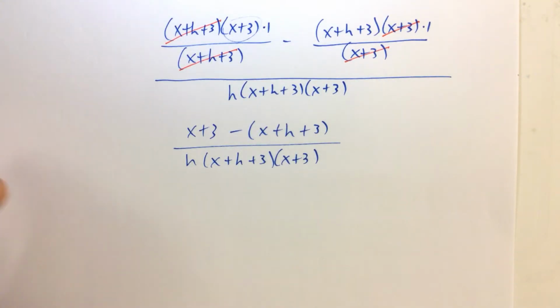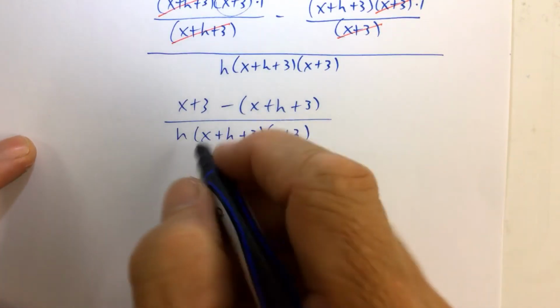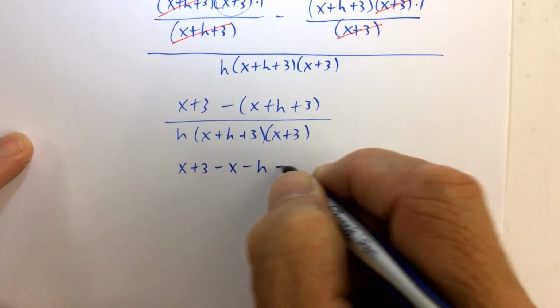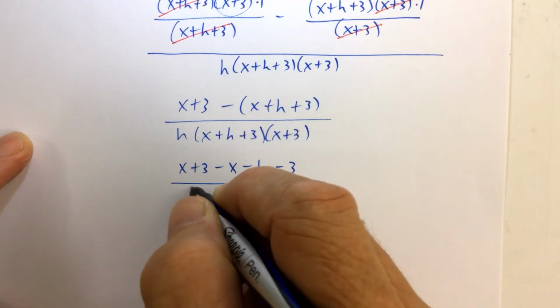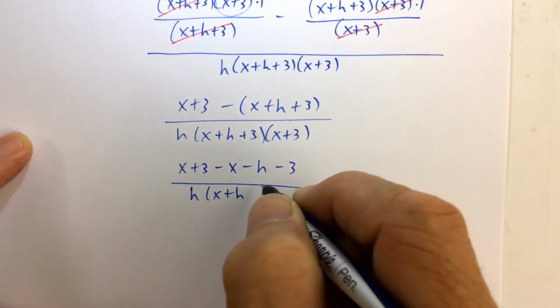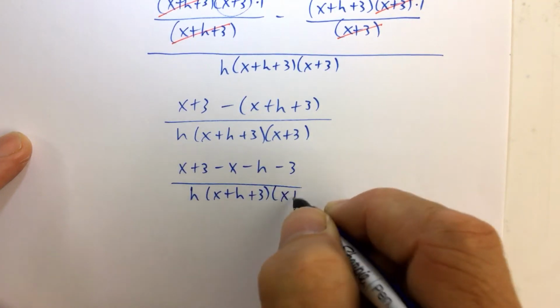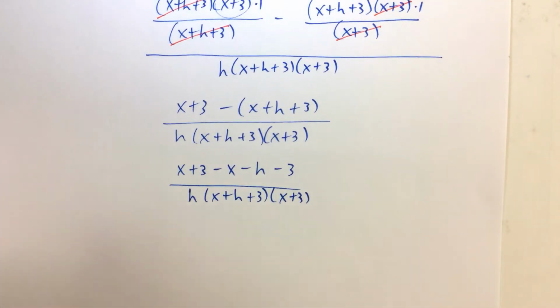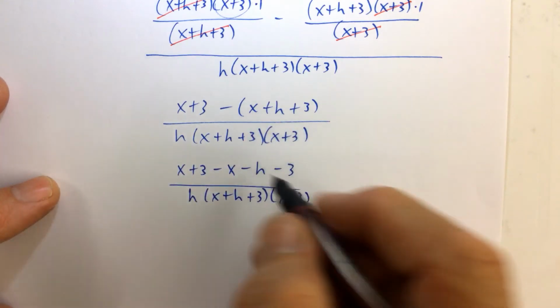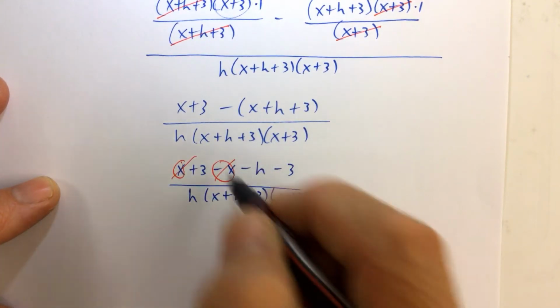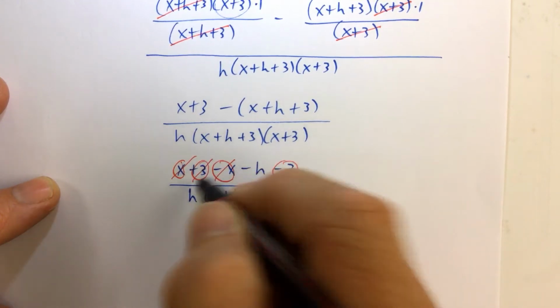If we get rid of the parentheses, we can distribute that minus sign: minus x, minus h, minus 3 up on top. We still have our h times x plus h plus 3 times x plus 3. Notice the terms that don't have an h in them: there's an x and a negative x, those cancel. There's a 3 and a negative 3, those cancel.